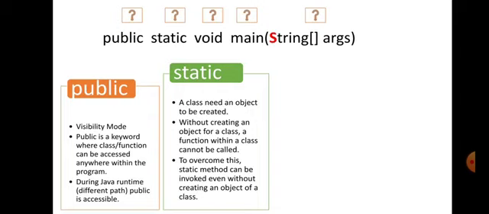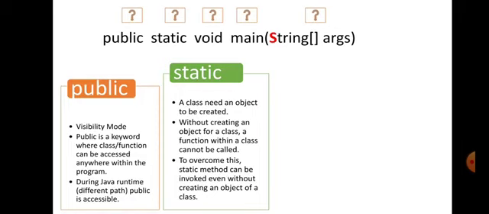Now what is the drawback, children? Since main is the first function to be called, you do not have time to create an instance, an object, for that particular function. So even without creating an object, if you have static, it is possible.